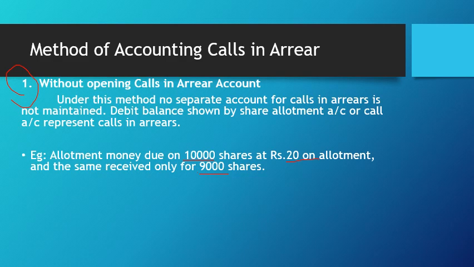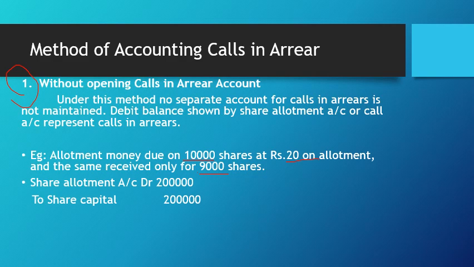What is the journal entry for making the allotment money due? Share allotment account to share capital, isn't it? Yes, share allotment account to share capital, rupees 2 lakh. 10,000 into rupees 20, 2 lakh rupees is made due in the form of allotment money.